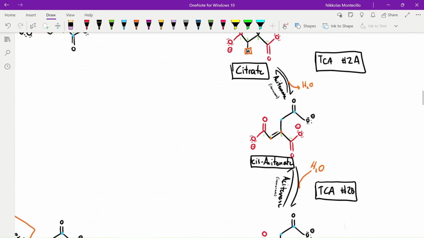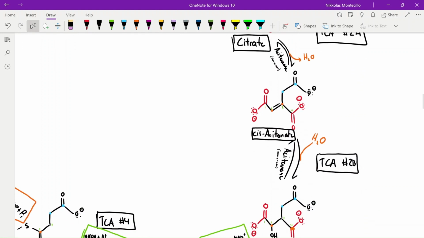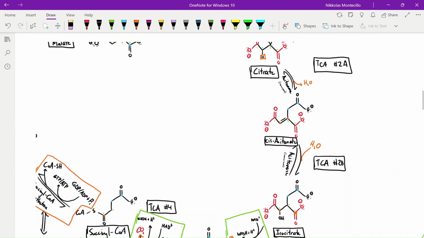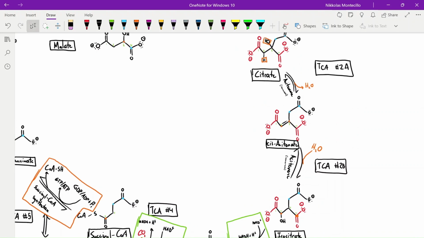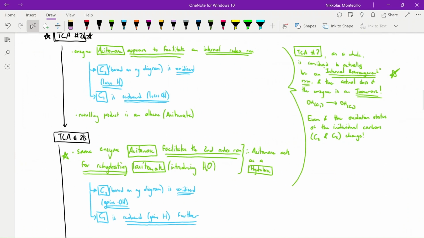So in this case, carbon 3 originally held the hydroxyl group, and now carbon 2 holds the hydroxyl group, right? So even if the individual atoms change in oxidation state, the overall molecule still has the same overall oxidation state.